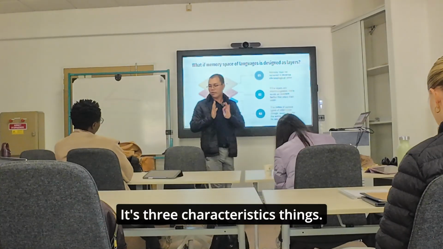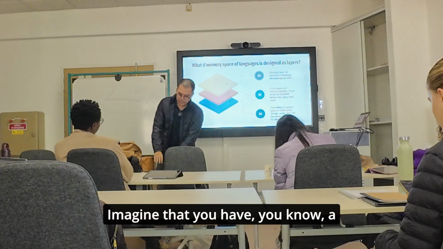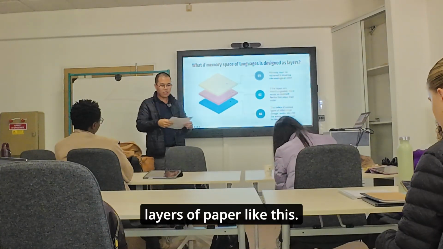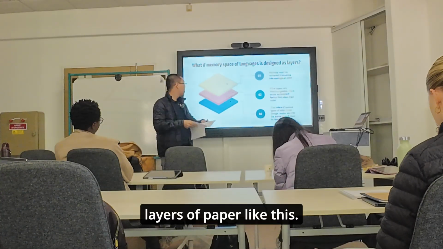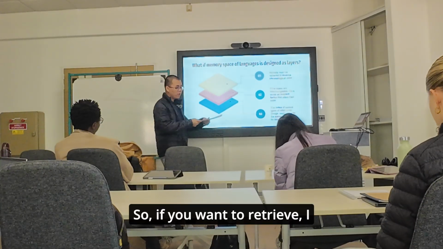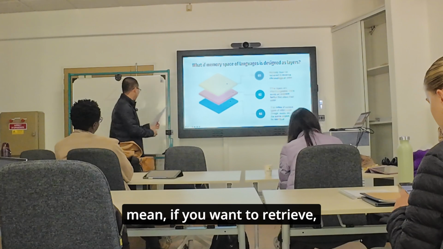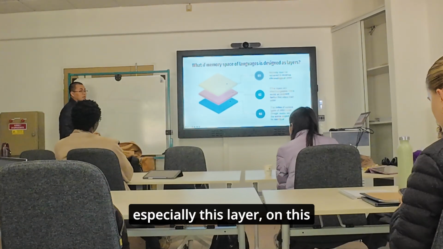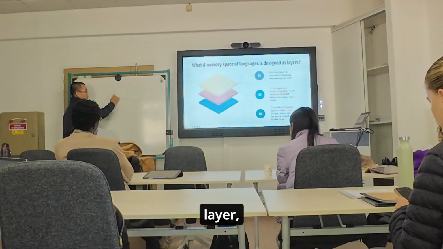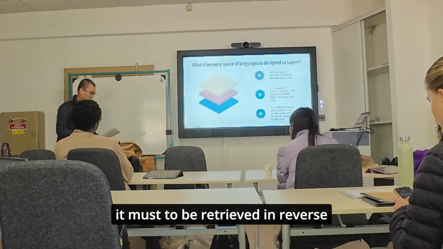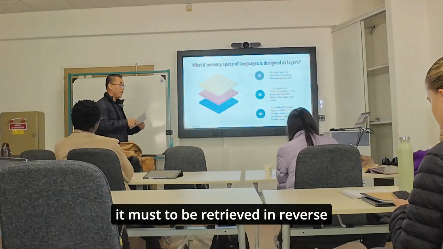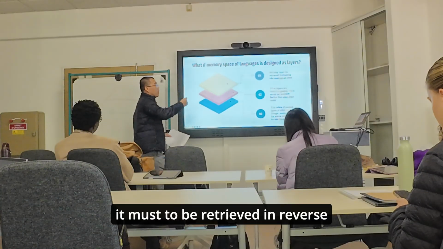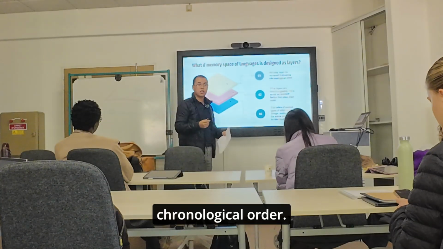So what if the memory space of languages is designed as layers? There are three characteristics. Imagine that you have layers of papers like this. If you want to retrieve this layer, it must be retrieved in reverse chronological order.